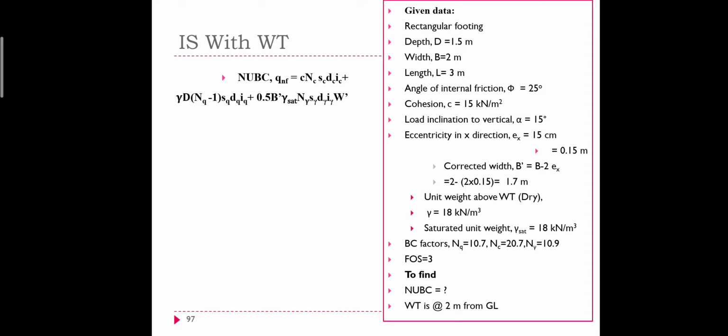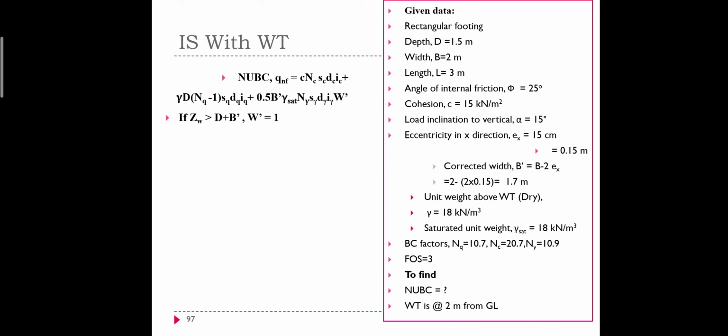Since the water table is acting, we put it as 0.5 B dash gamma sat N gamma S gamma D gamma I gamma W dash. Now we should find Zw.